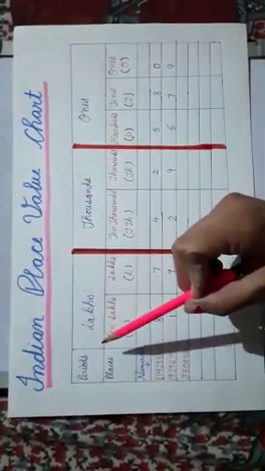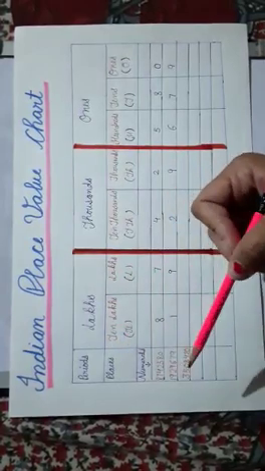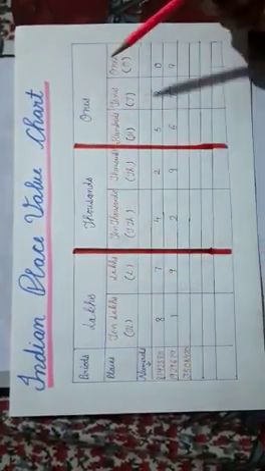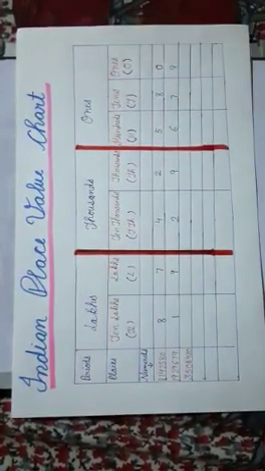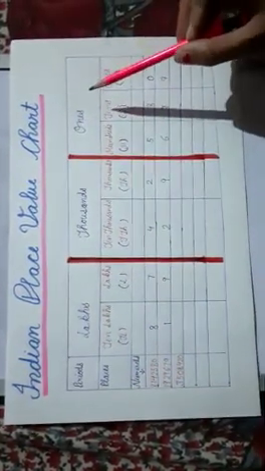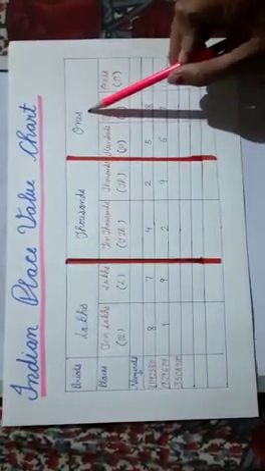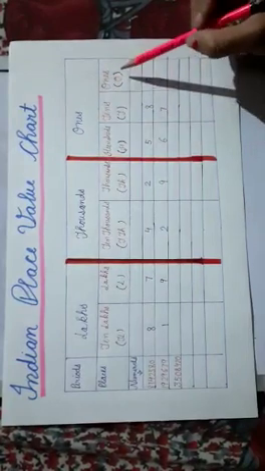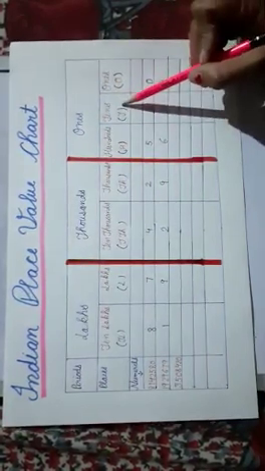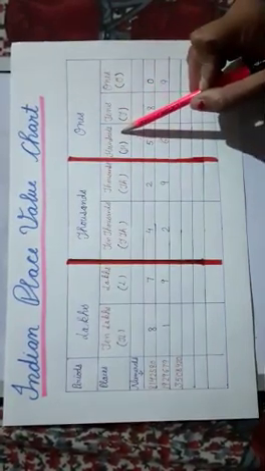And each period is divided into places. Our first period is ones and it is divided into 3 places. First is ones, second is tens place, third is hundreds place.